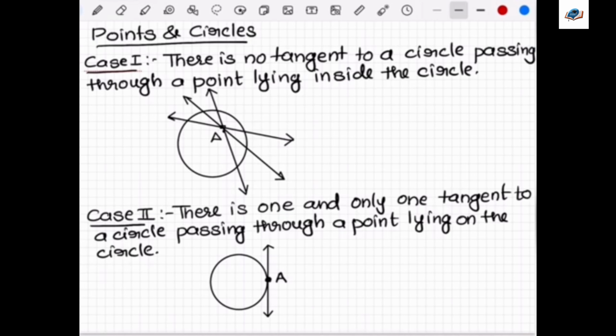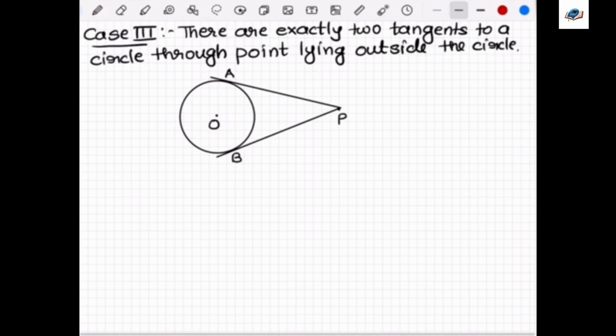Then case 3 is there are exactly two tangents to a circle through a point lying outside the circle. As shown in the figure, P is an external point to the circle with center O, and from there I can have only two tangents, PA and PB, which are tangents to the circle. Now, theorem 10.2 says the lengths of tangents drawn from an external point to a circle are equal.